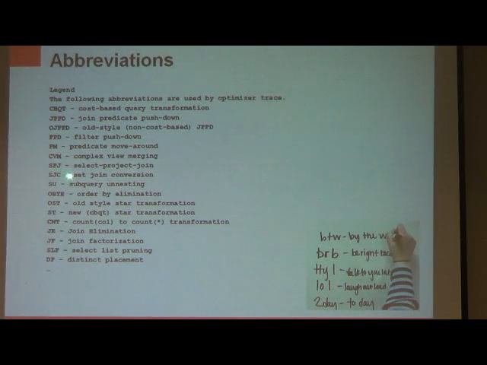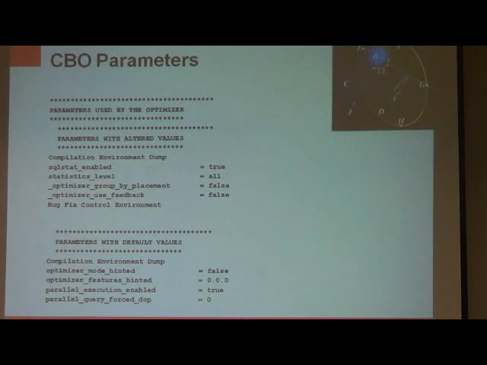Now, on the trace file, when you see SPJ, you know what it means. When you see complex view merging, you already know what it means. Some of these you get to memorize over time, and then when you're reading the file, it makes life easier. So at some point, you have to try to memorize as many as you can, and then when you read the file, it's faster.